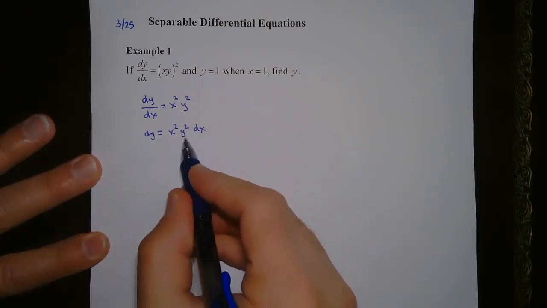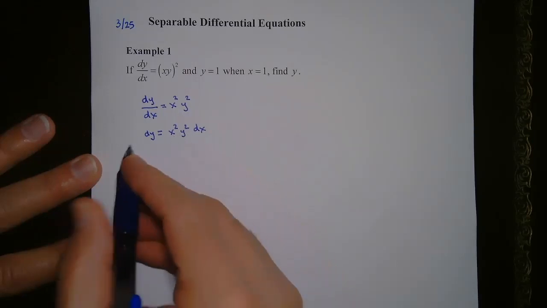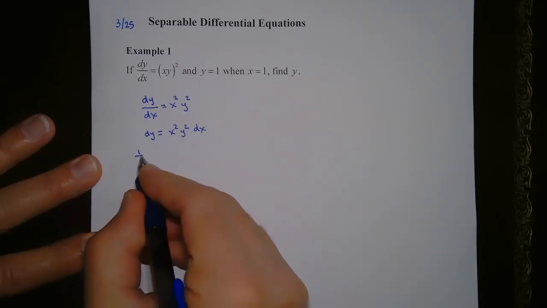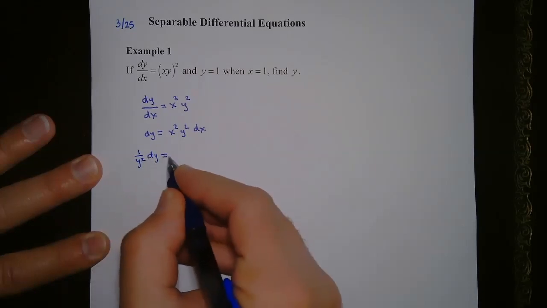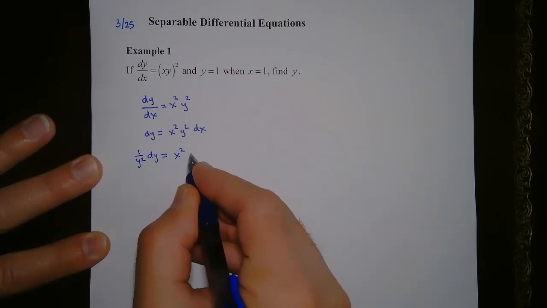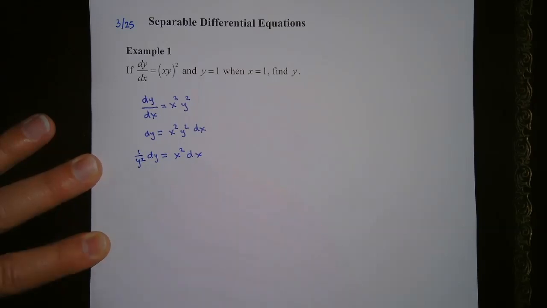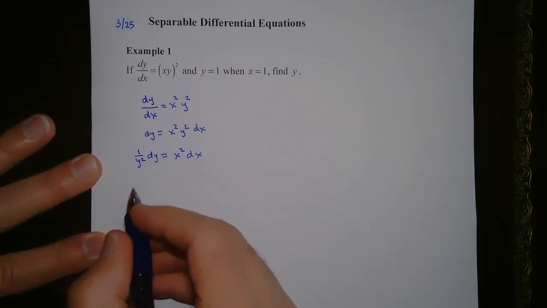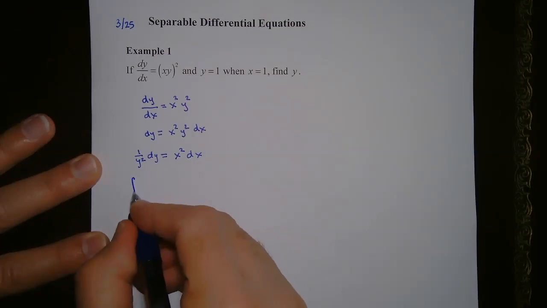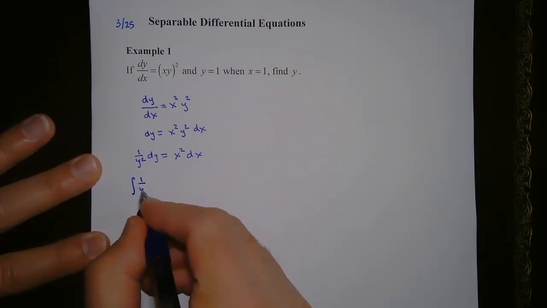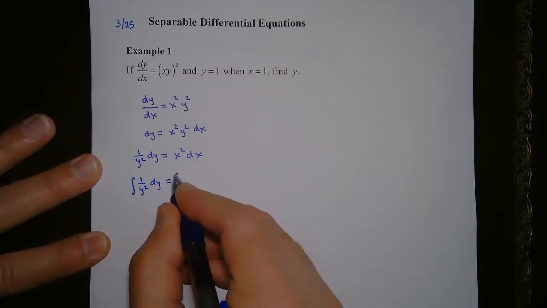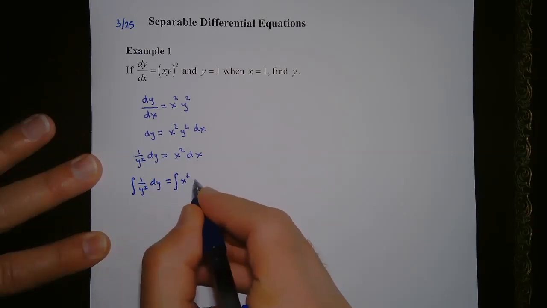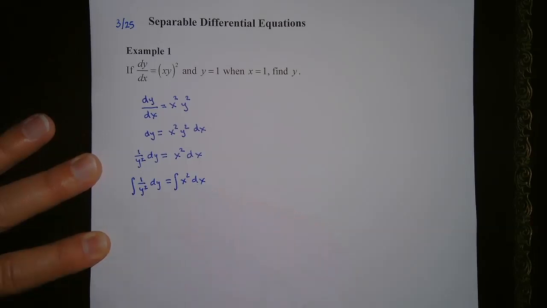So what I want to do is multiply both sides by 1 over y squared. So we get 1 over y squared dy is equivalent to x squared dx. And then we're going to integrate both sides. So we're going to integrate 1 over y squared dy is equal to the integral of x squared dx.